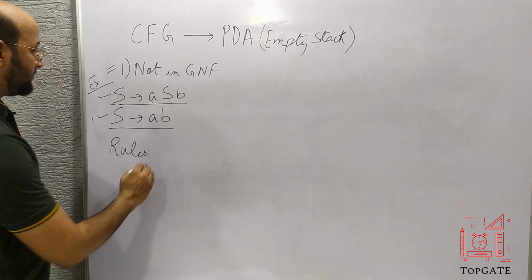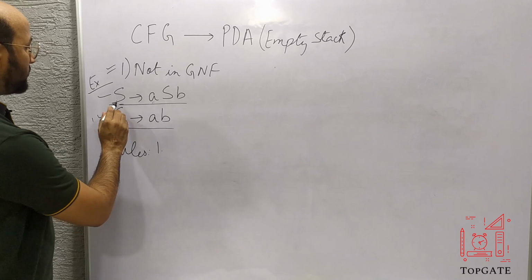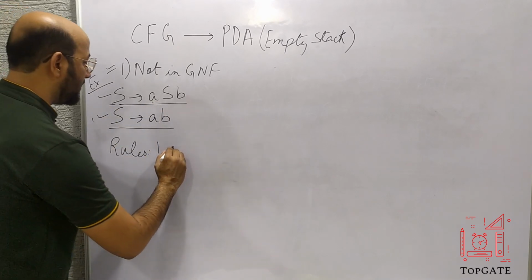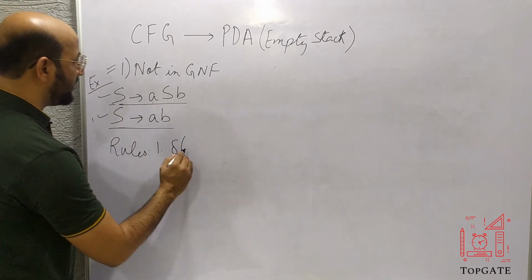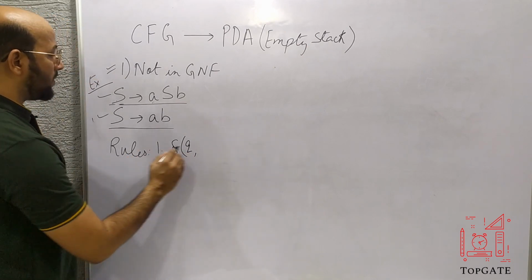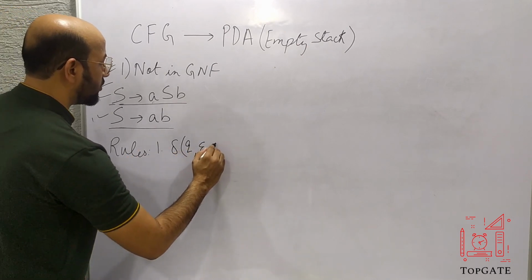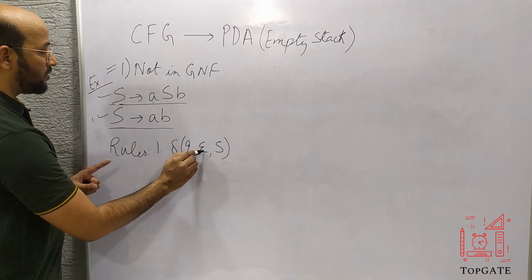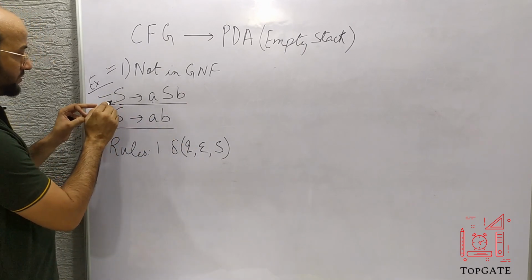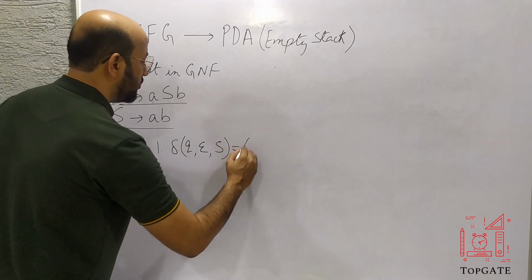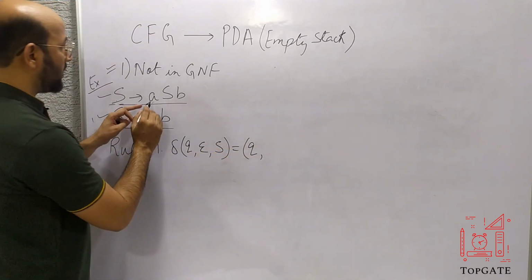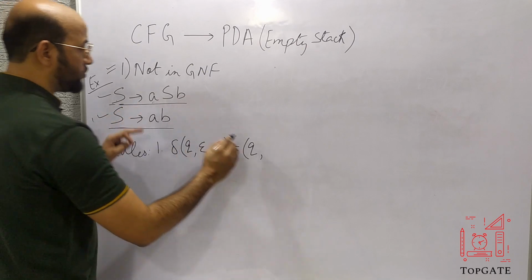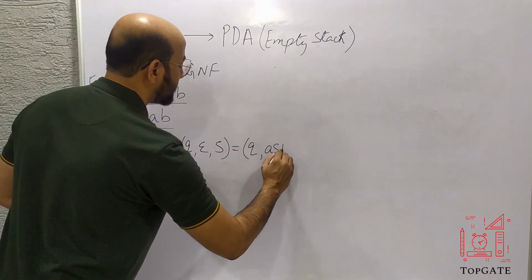Rule number 1 is for this production. I'll write delta of q comma epsilon comma S, this S, is equal to q comma whatever is there on the right hand side, that is ASB here.